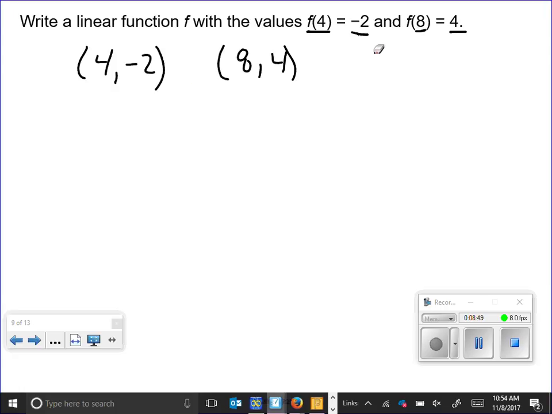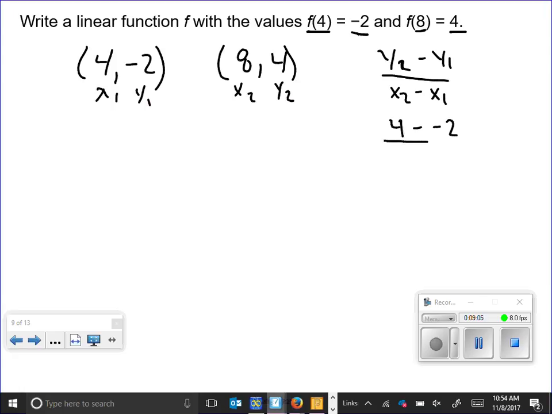So first I'm going to figure out my slope. So I got y2 minus y1 over x2 minus x1. Okay, hopefully we're getting better at this. We're going to do x1, y1, x2, y2. So we get 4 minus negative 2 over 8 minus 4. So we got 6 over 4, or 3/2 is our slope.